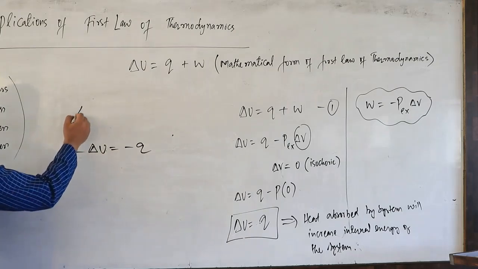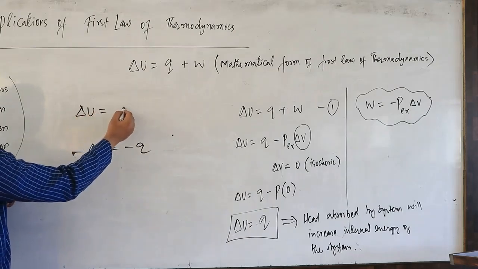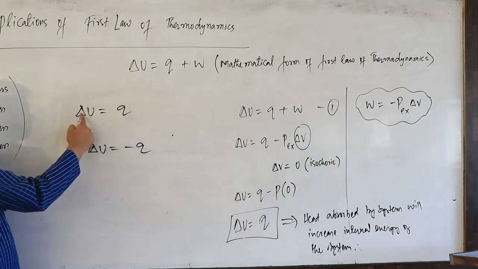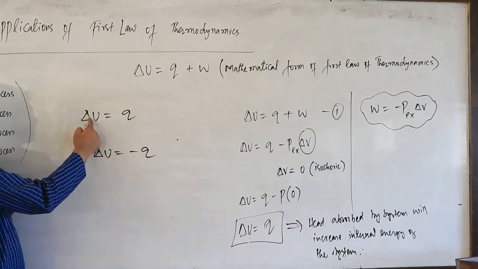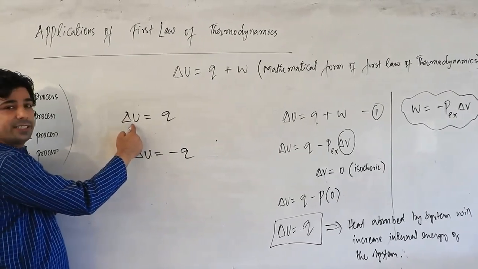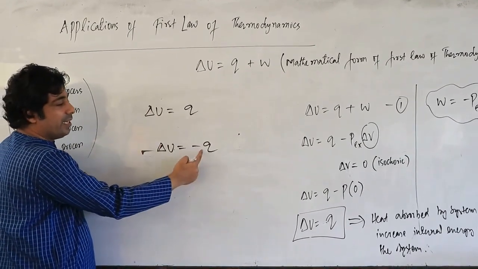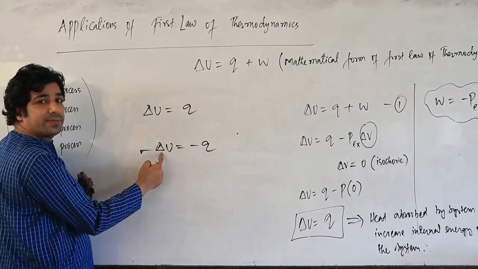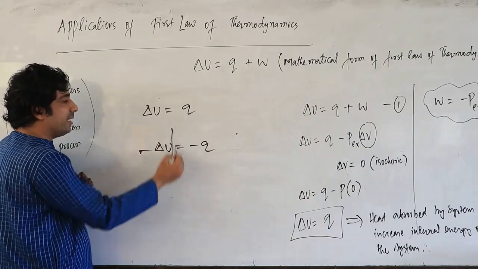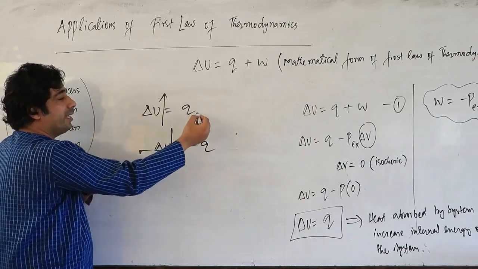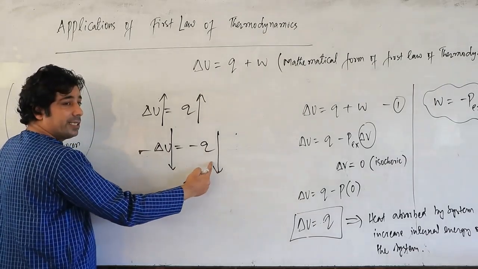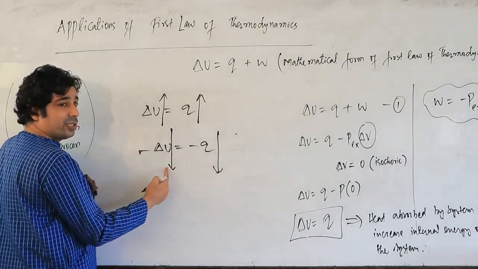So if I write expression like this, delta U is equal to Q, heat absorbed by the system is equal to increase in internal energy. Here the internal energy will increase, and here heat lost by the system will decrease the internal energy of the system. So this is the decrease and this is the increase. Here the heat is absorbed and here the heat is lost. So heat is lost, heat is decreased, so internal energy also decreases.